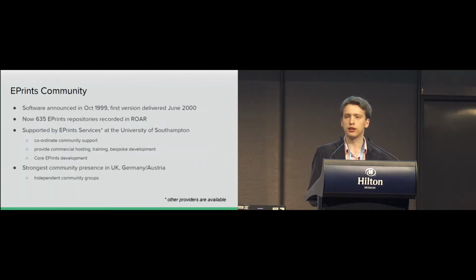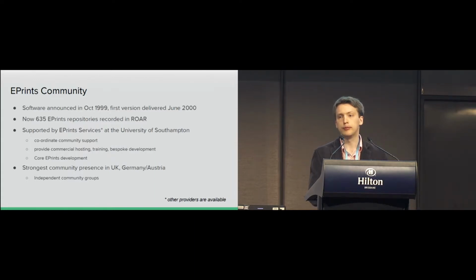Going back to the community for a moment, ePrints is over 15 years old, nearly 20 years old actually, I guess. So we've been around for a while, and we've evolved as the open access community has evolved. There are now 635 ePrints repositories at last count on ROAR. And this is largely supported by ePrints Services. So we're based in the University of Southampton, and our role is quite multifaceted.